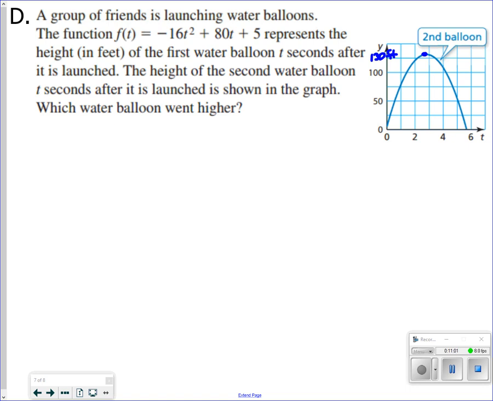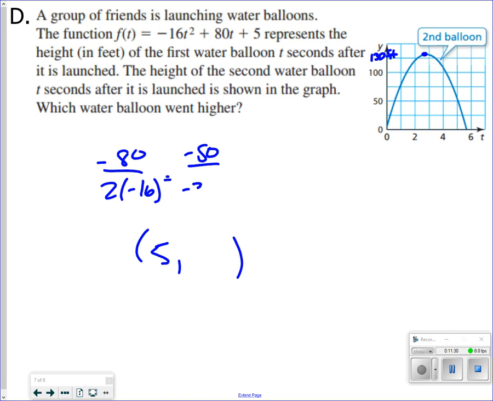Now let's look at the first balloon. Negative b over 2a. I get 5. Plug 5 back into the equation. So now, negative 16 times 5 squared plus 80 times 5 plus 5. And again, I apologize. I'm making way too many mistakes here. Negative 80 divided by negative 32.